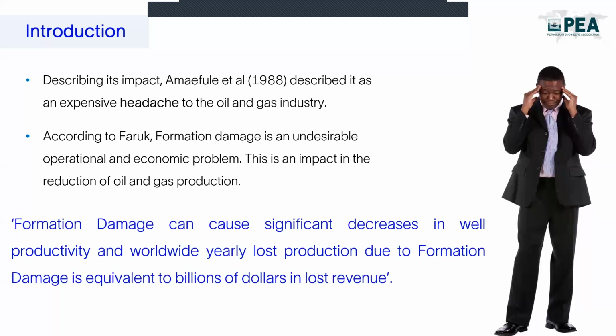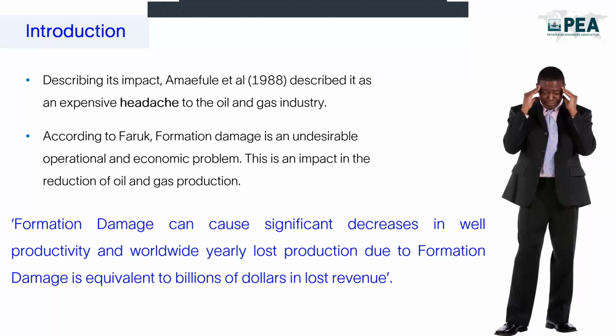And as well, Mr. Farouk emphasized the operational and economic drawbacks of formation damage, which he defined as an undesirable operational and economic problem. So this was his definition of formation damage. Of course, it's an undesirable operational thing.